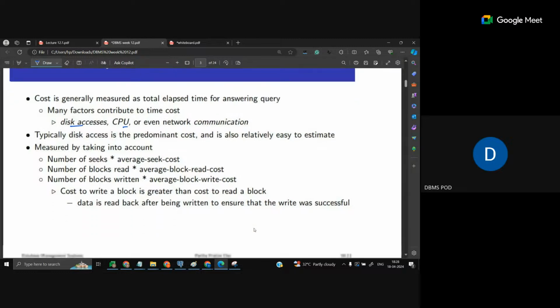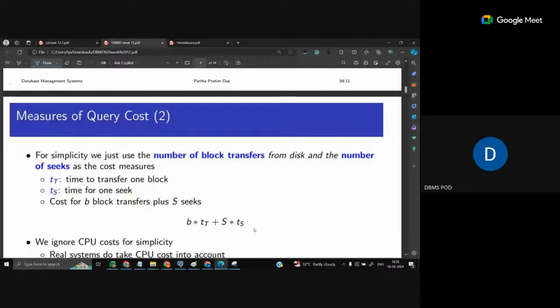But for simplicity, we'll only consider the number of block transfers and the number of seeks. TT is the time to transfer one block and TS is the time for one seek.